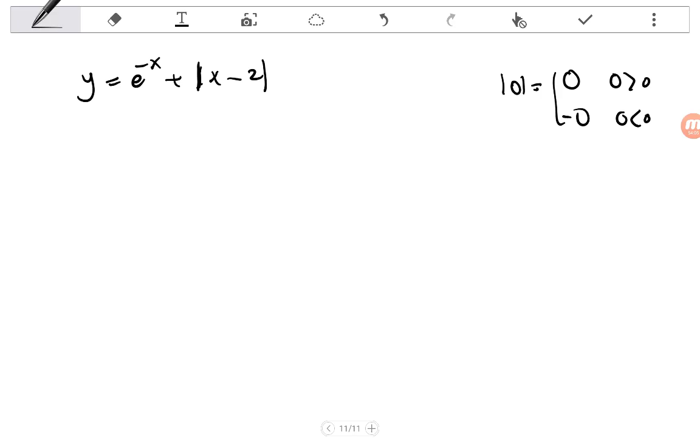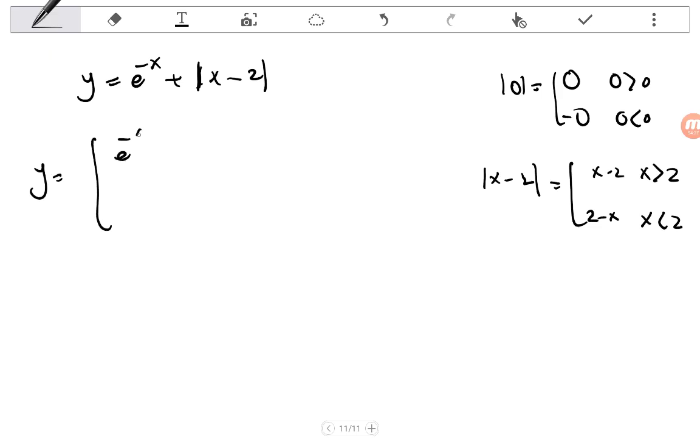Okay? So what is absolute x minus 2? It will just be x minus 2 when x minus 2 is greater than 0, or x greater than 2, and when x is less than 2, it will be 2 minus x, the negative of that expression. So I will rewrite y as e to the minus x plus x minus 2 when x is greater than 2, and e to the minus x plus 2 minus x when x is less than 2.